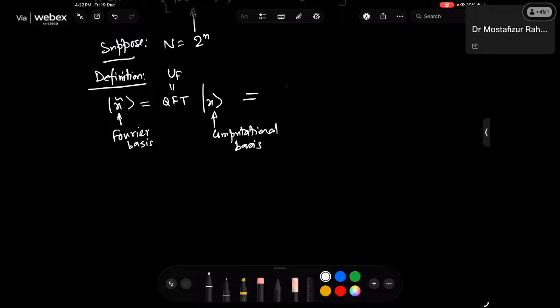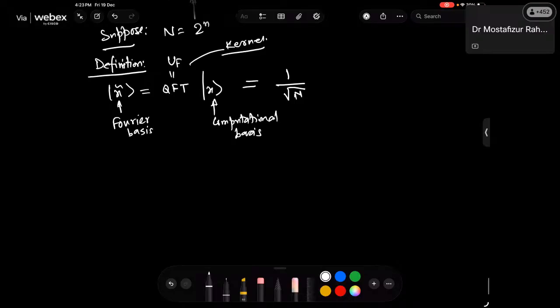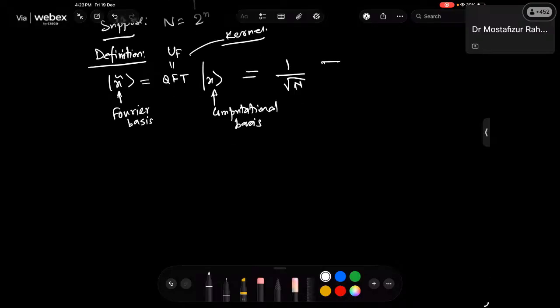Now, this definition of U_F mathematically is 1 upon square root n, because this transformation is done with a kernel, right? So what is that kernel function? 1 by square root n, summation y equals 0 to n minus 1, e to the power 2 pi i x times y divided by n, ket y, times ket x.